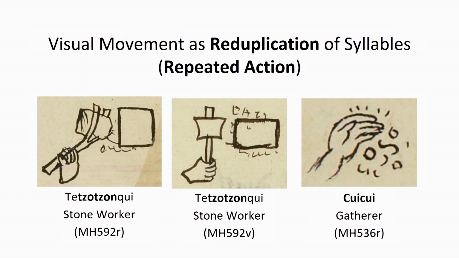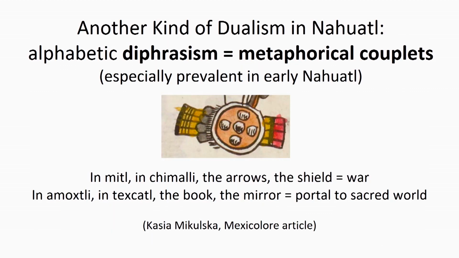And so there are these little squiggly lines to suggest that, I'm saying. That's my interpretation. The same with the middle one. It's a stone worker. The big stone that's being pounded has lots of vibration to it. And kui, to gather multiple things. And we show the hand with various things and little marks suggesting motion, repeated action.